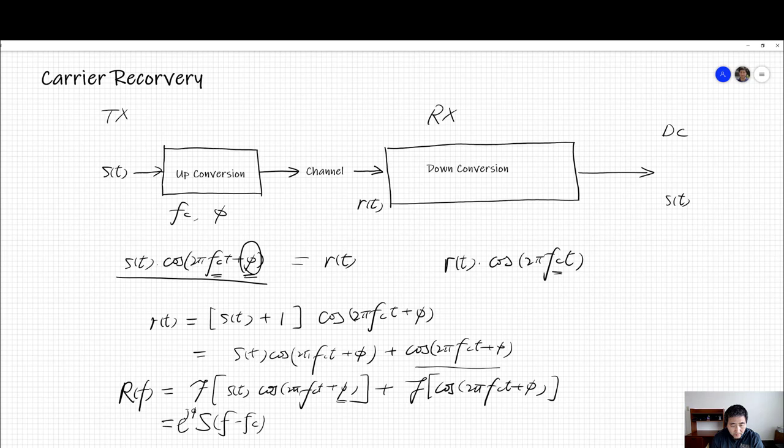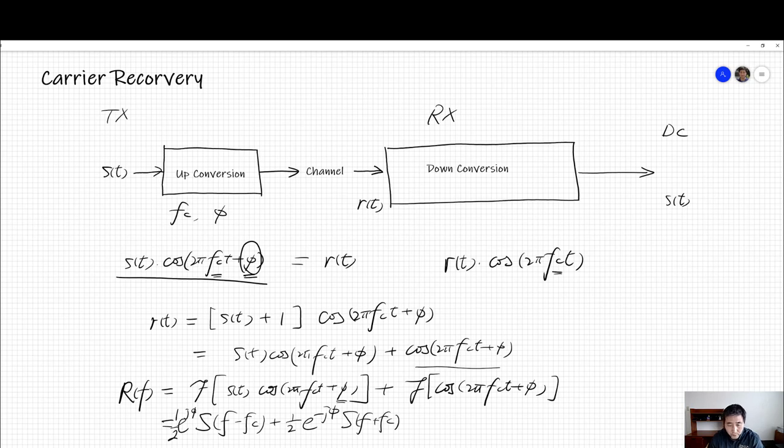This comes from using the Euler identity to write cosine as e to the positive j of the entire thing plus e to the negative j of the entire phase term. So everything is a half, plus half of e to the negative j phi S(f plus fc).